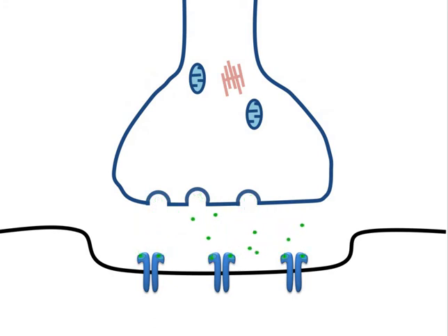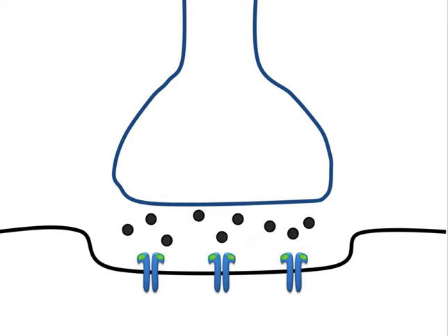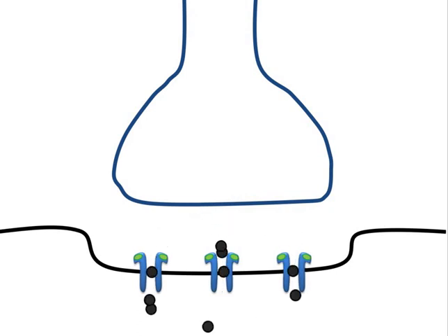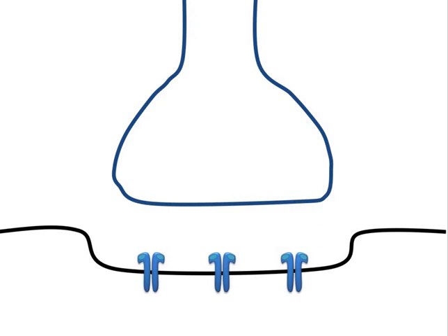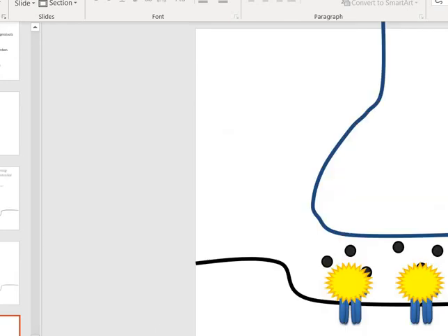Neurotransmitter goes across the cleft by diffusion, binds to receptors on the sodium channels on the postsynaptic neuron. This causes an influx of sodium ions, creating a new action potential. Then the neurotransmitter acetylcholine is broken down by acetylcholinesterase, which is going to then be recycled.